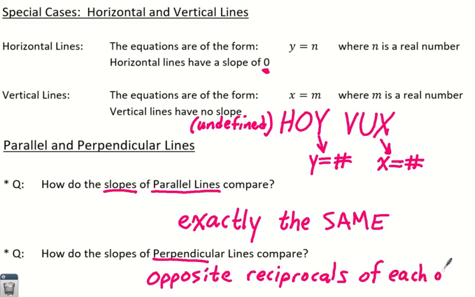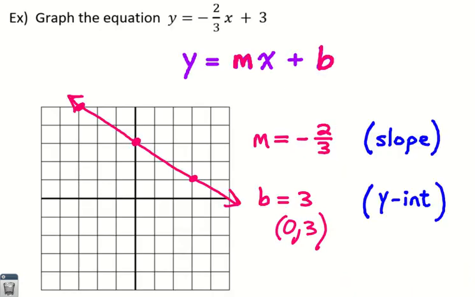So opposite reflipricals, if you will. Opposite reflipricals. Remember that forever.